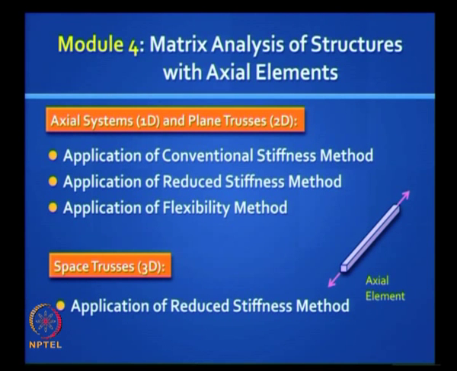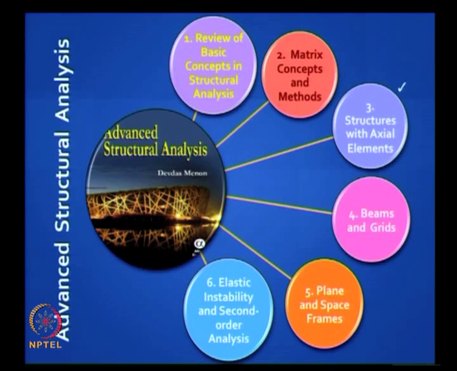So in all these elements, regardless of whether the structure is 1D, 2D or 3D, remember that element can take only axial forces, and that simplifies the analysis. In this session we will look at conventional stiffness method.